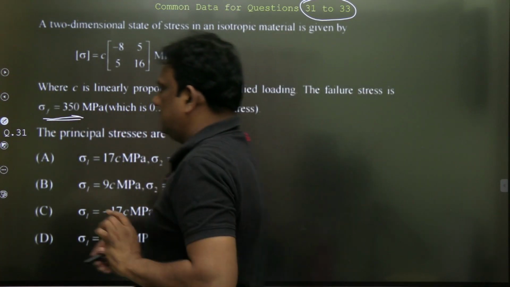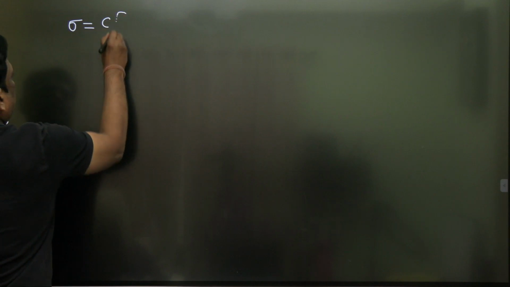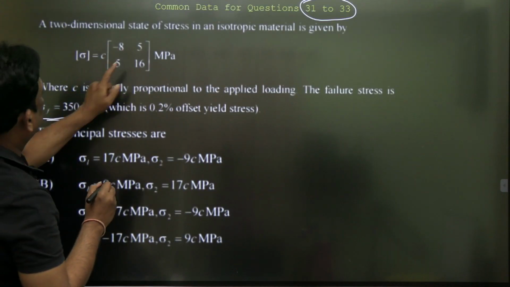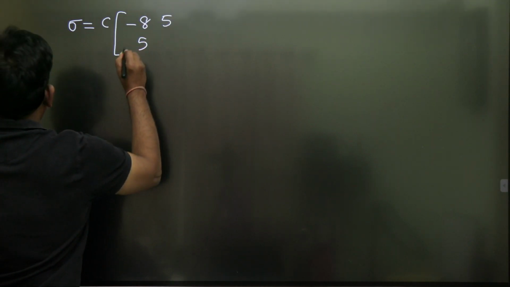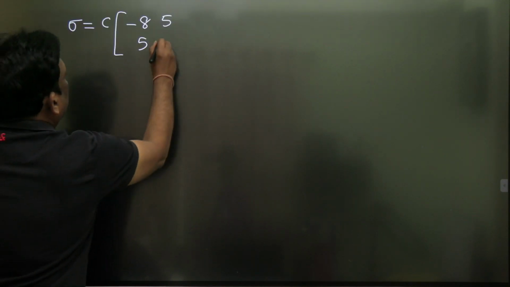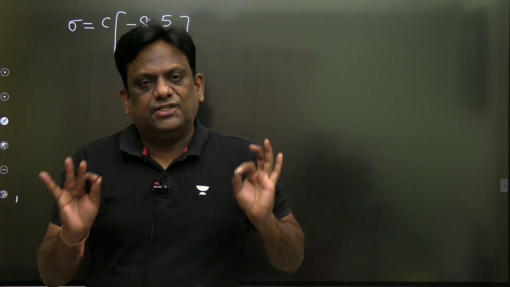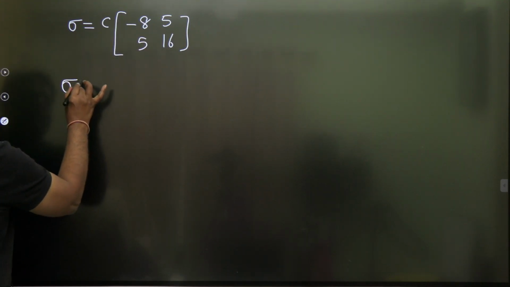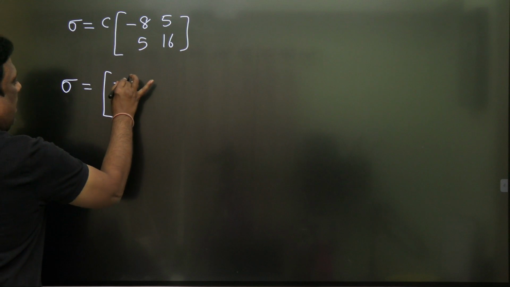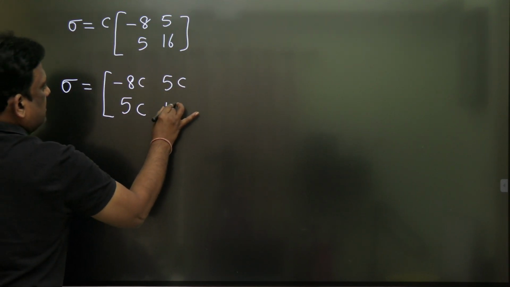So first let us take this stress. The stress is given by, dear students, C, a constant, times minus 8, 5, 5, 16. Let me check: minus 8, 5, 5 and 16, great. And he is asking what are the principal stresses. Let me take C inside. If I take C inside, the stress matrix is minus 8C, 5C, 5C and 16C.